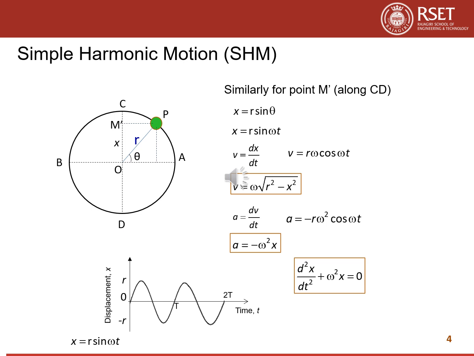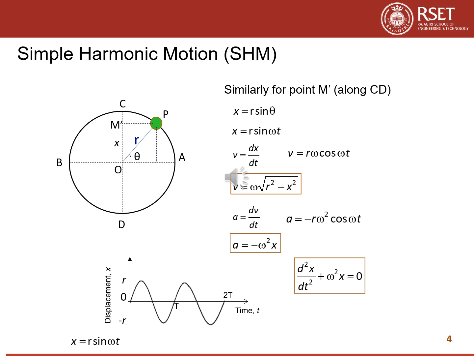Now from this, we can again draw the relation between your displacement x and time t. We will be getting a sine curve similar to the cos curve that we have already obtained before. Now the difference is that we have to use the expression x is equal to r sine omega t when the time of motion is measured from the mean position.